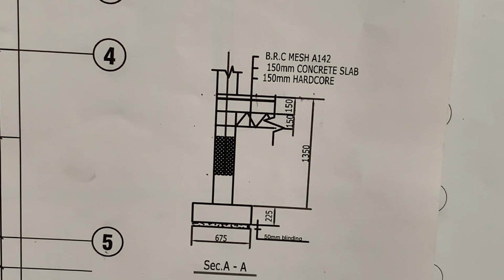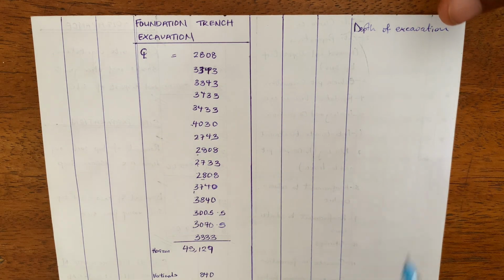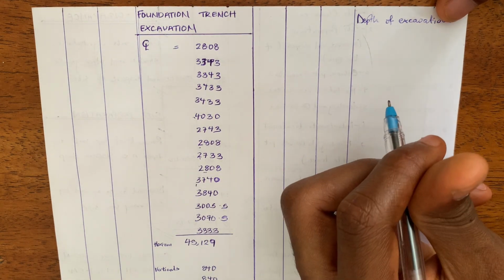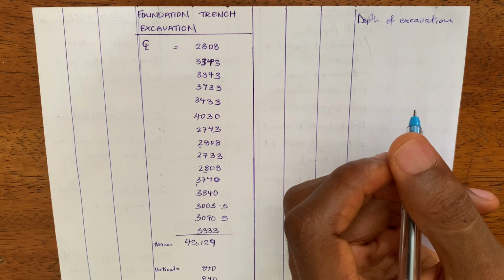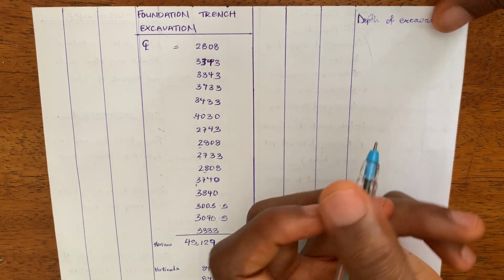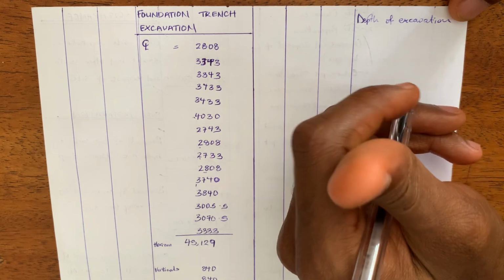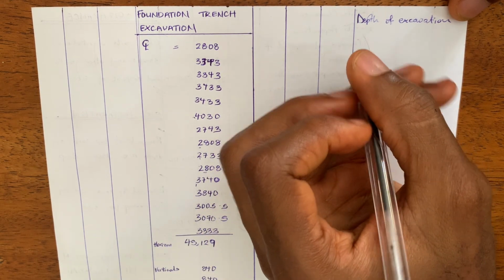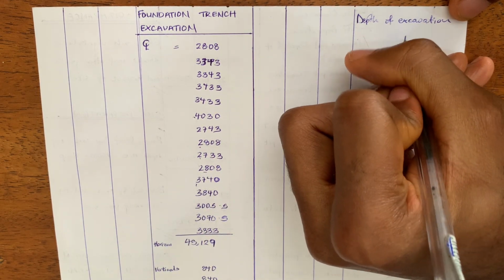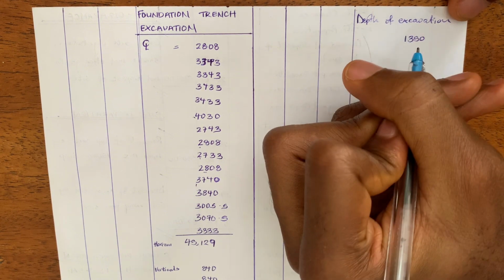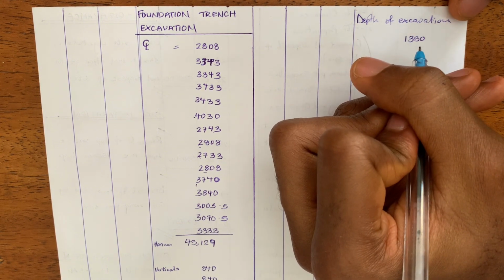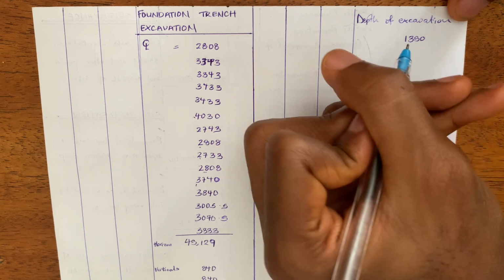So we can now do the math in our taking off sheet. In order to get the depth of our excavation, like I said, we have to add those parameters together from the top of the oversize down to the bottom of the blinding. From the top of the oversized concrete to the top of the foundation footing was 1350. We're now going to add the thickness of the foundation footing, which is 225.